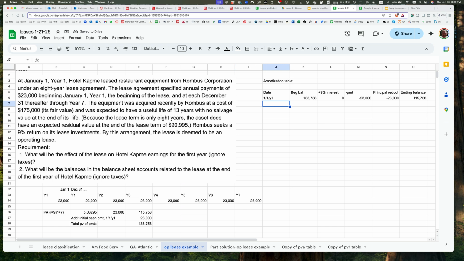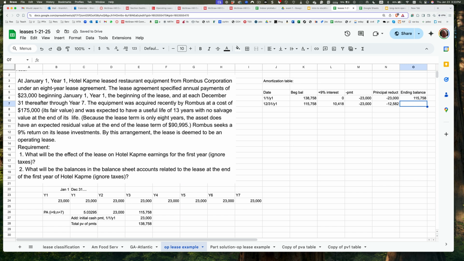And then on 12/31 year one, the beginning balance is going to be the ending balance from before. The 9% interest, the payment is going to be minus 23,000. The principal reduction is going to be the total of those, equals this plus the negative number.